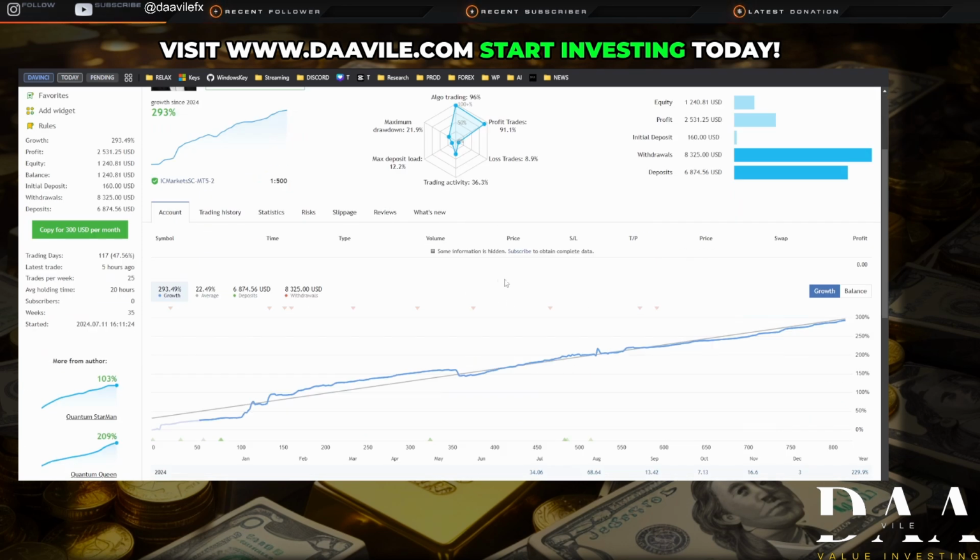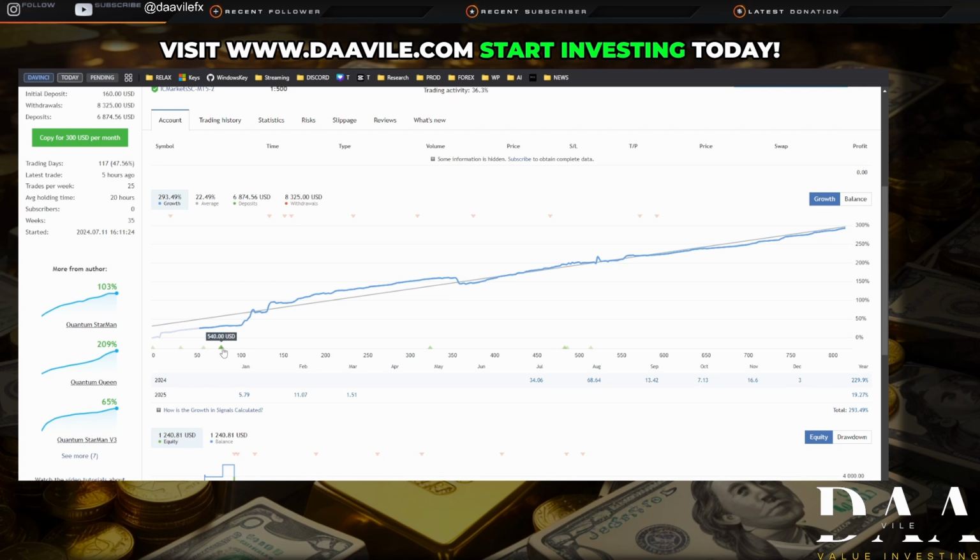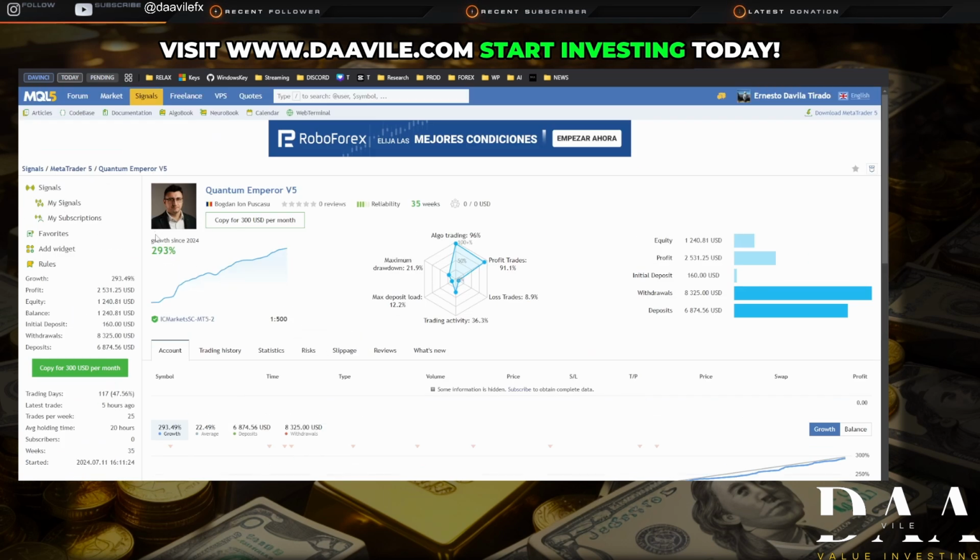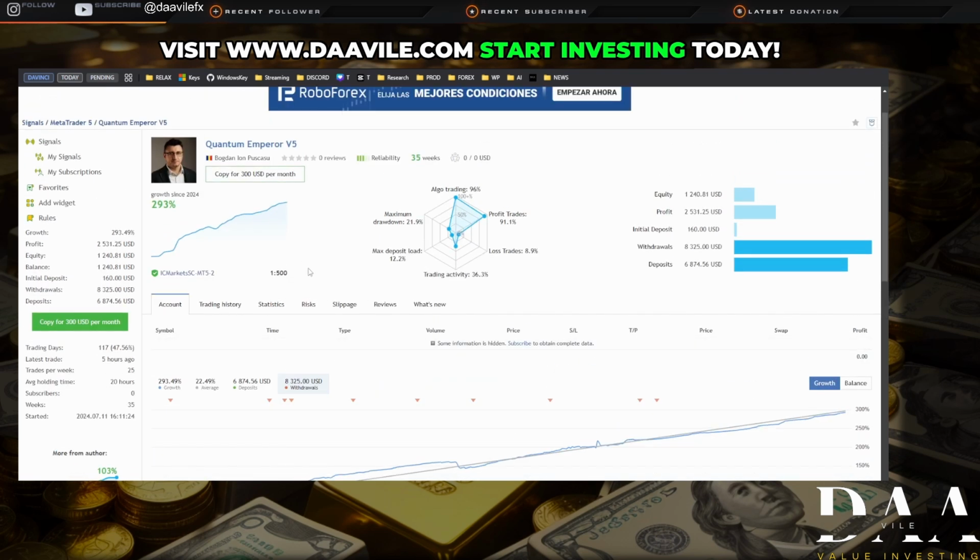So it's very amazing. Like, we can see here deposits of $540, $450, $200. Like, he's saving the account because they do small deposits. They try to flip it fast to show the big returns, and once they are in trouble, they start adding money to the account, so they need to add less if they start low, and that is what prevents the max drawdown from going so high.